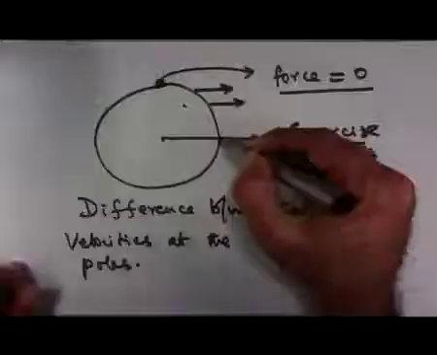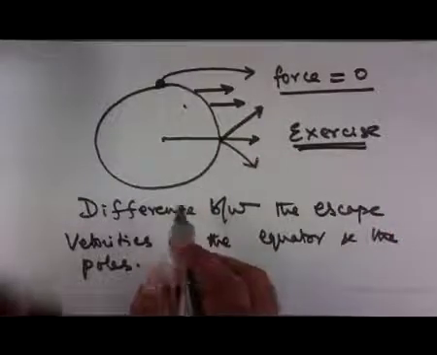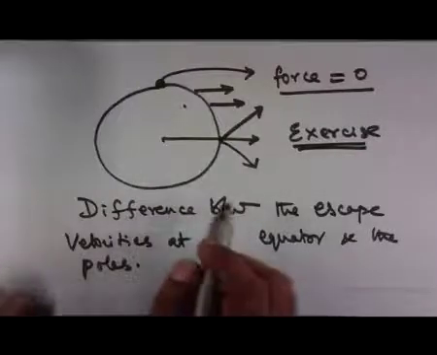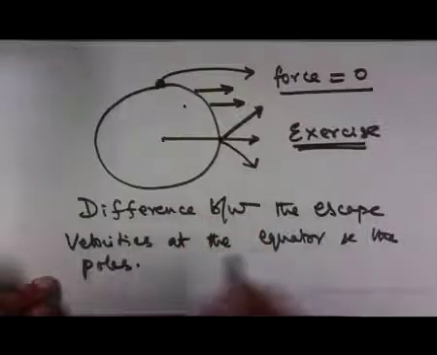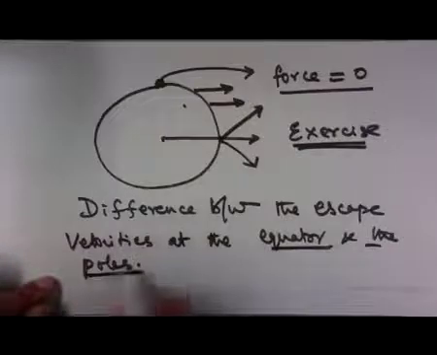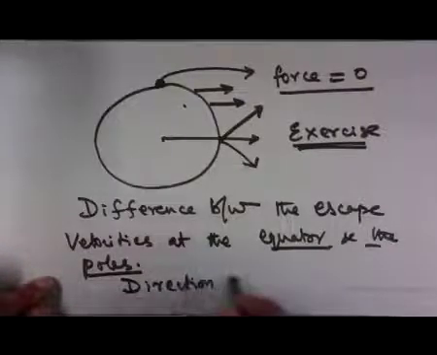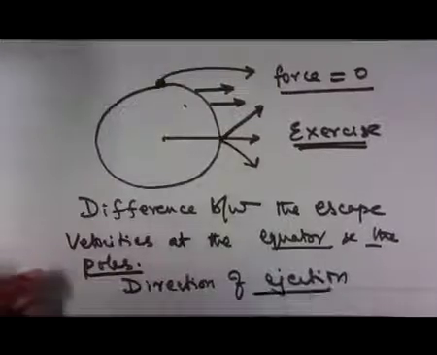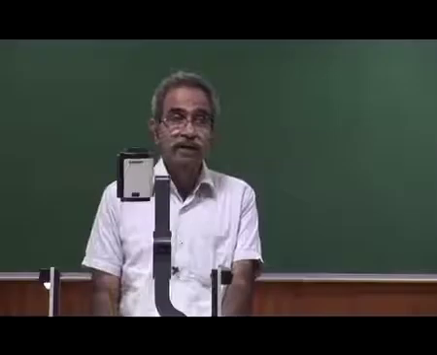For example, I can throw it in this direction or in this direction. This is another thing you can look at. Again, you can add your forces vectorially and find out what happens. So one is the equator and the poles, and another is the direction of ejection. Please work out both these problems and then you will get a fair understanding of the concept of escape velocity.